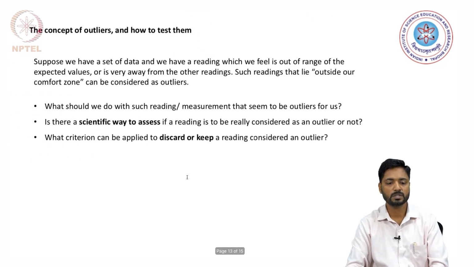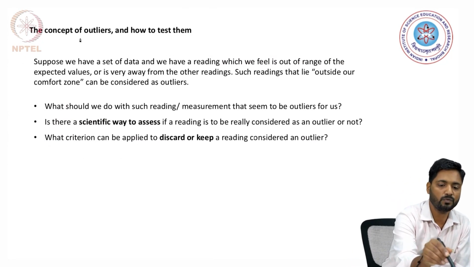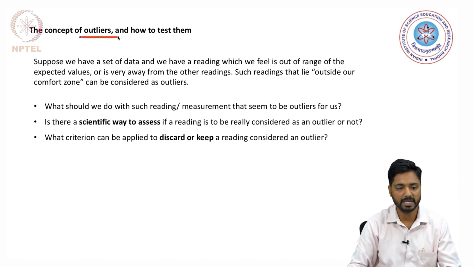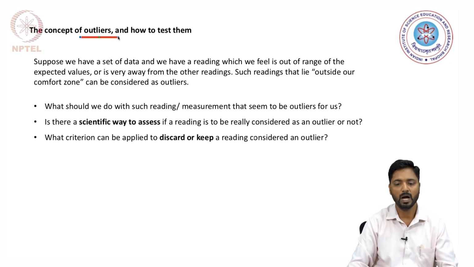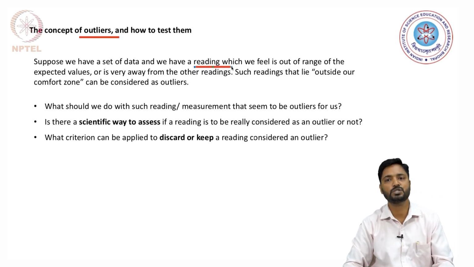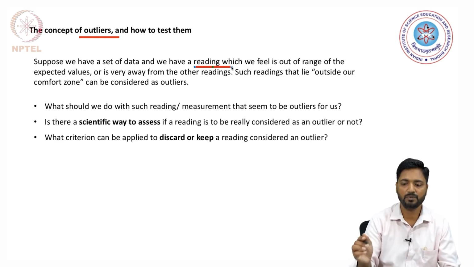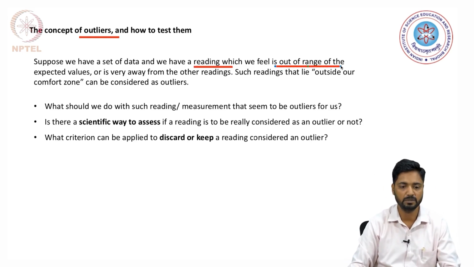Now, towards the last part of this class, let us talk about the concept of outliers and how do we test them using statistics. So, how do we define outliers? Outliers are the values or readings which we just feel, based on our experience or our presumptions, are out of range of expected values.